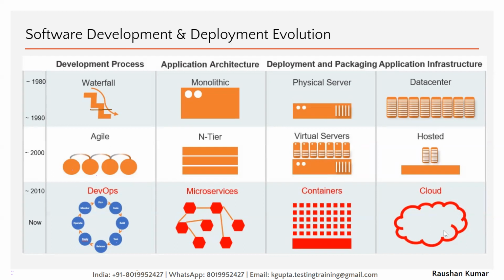Now again, cloud, right? Earlier people were using on-prem. Not everybody can afford on-prem, so we have the cloud. Cloud has evolved immensely over the years. We have AWS, Azure, GCP, so many cloud providers. We all need to know cloud because this is where the applications are deployed.